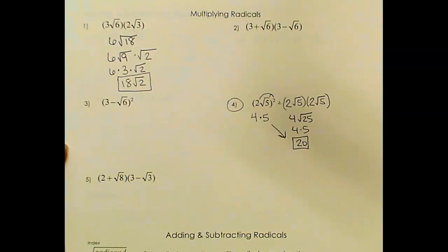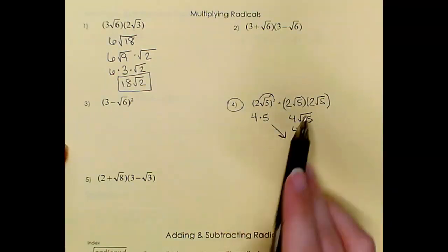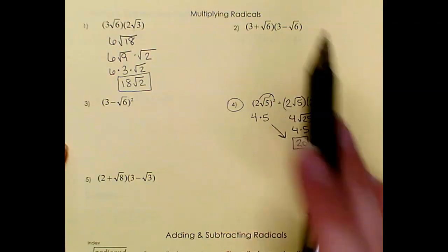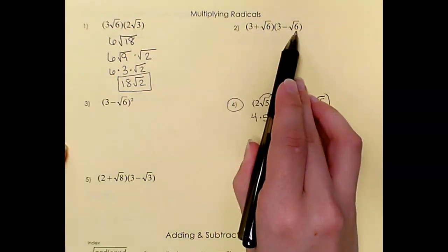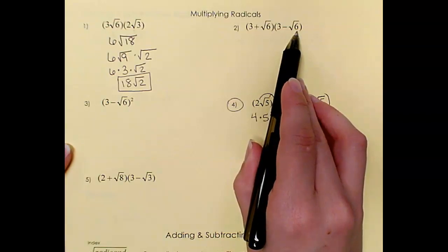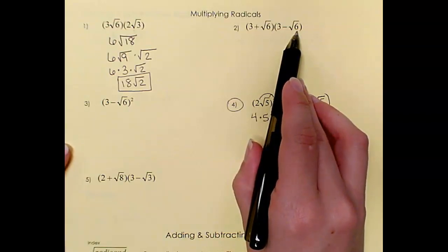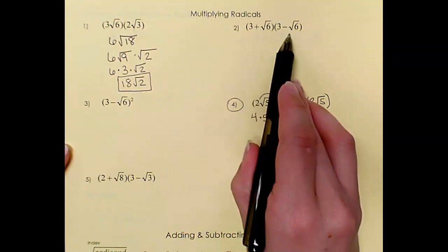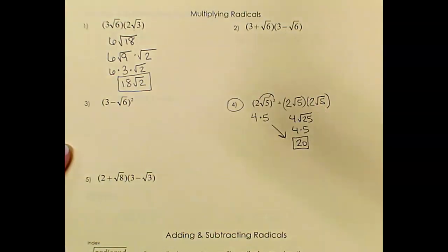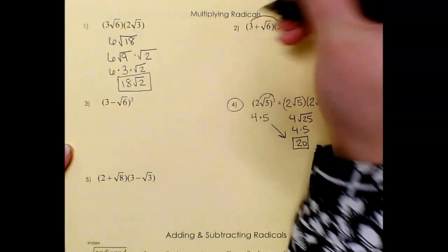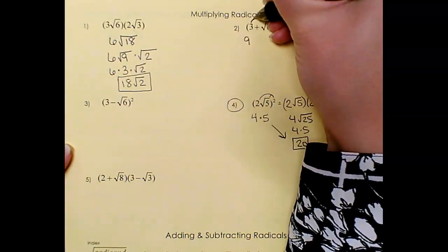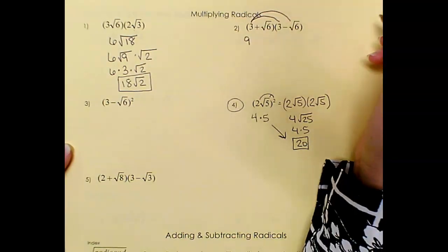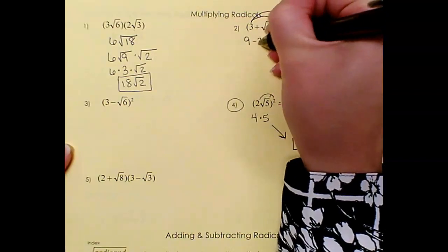So let's look at what happens if instead of having monomial times monomial, you have binomial times binomial. Just like in the last set of notes, whenever we had complex numbers, you still want to use FOIL. So 3 times 3 is 9. 3 times negative square root of 6 is minus 3 square roots of 6.